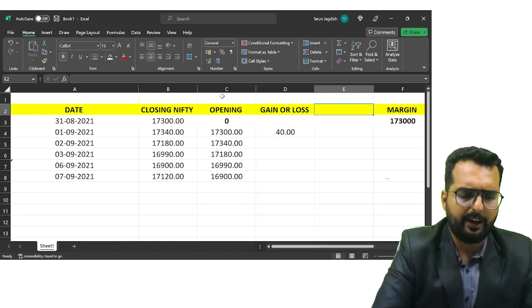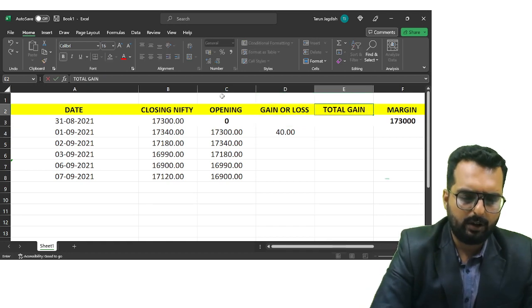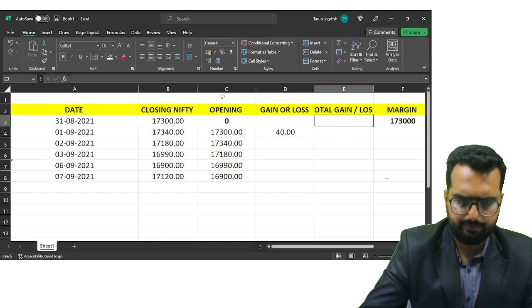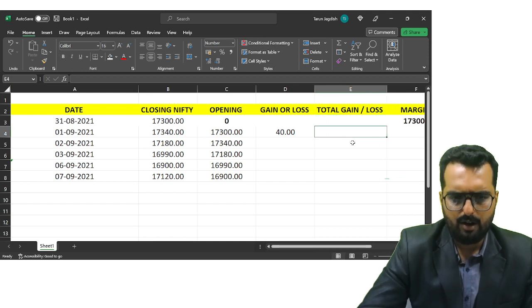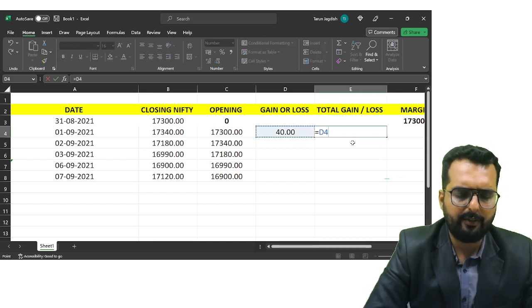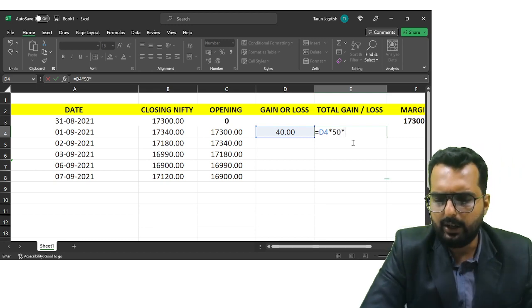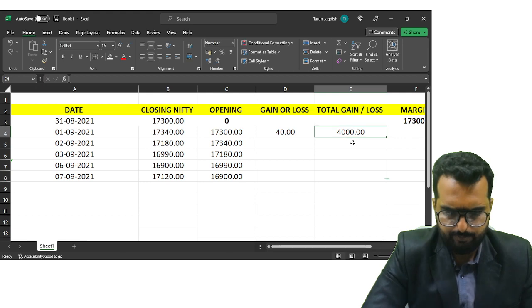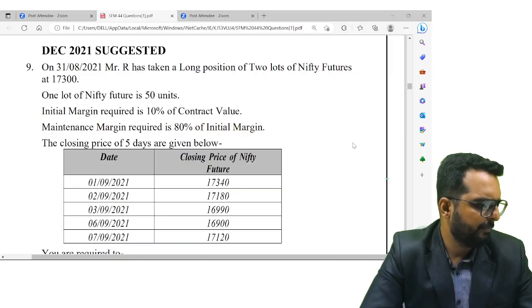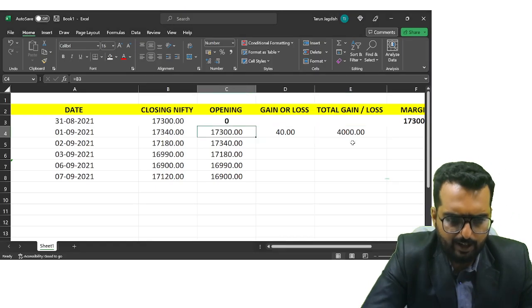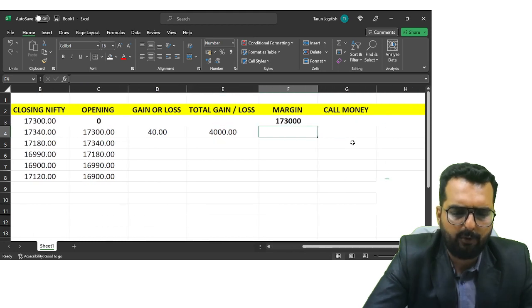This is a gain for 1 unit. What will be my total gain or loss? You are having 40 rupees per unit, correct? Into 50. Okay, that is into 2. That is because you are dealing in 2 products is what I understand, correct? So my total gain or loss will become 4,000.